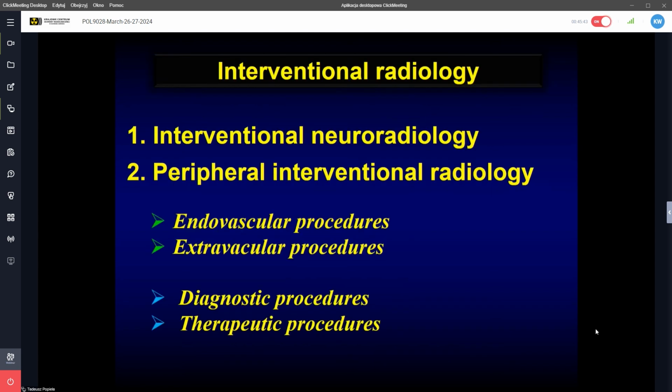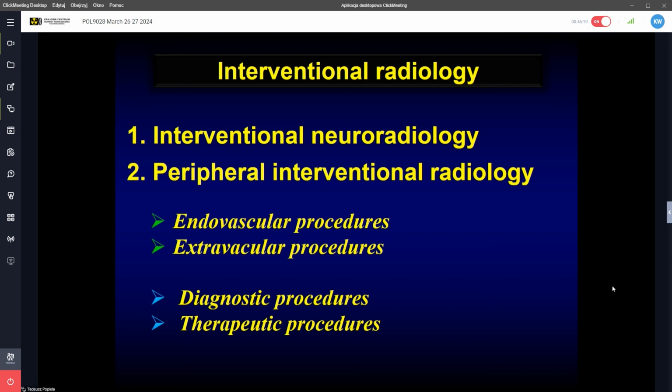I am in a lucky position because Professor Walecki already told you some main things about interventional radiology and also about interventional neuroradiology. So I only mention that, as well as neuroradiology, interventional neuroradiology and peripheral interventional radiology constitute interventional radiology as a wide variety of procedures.